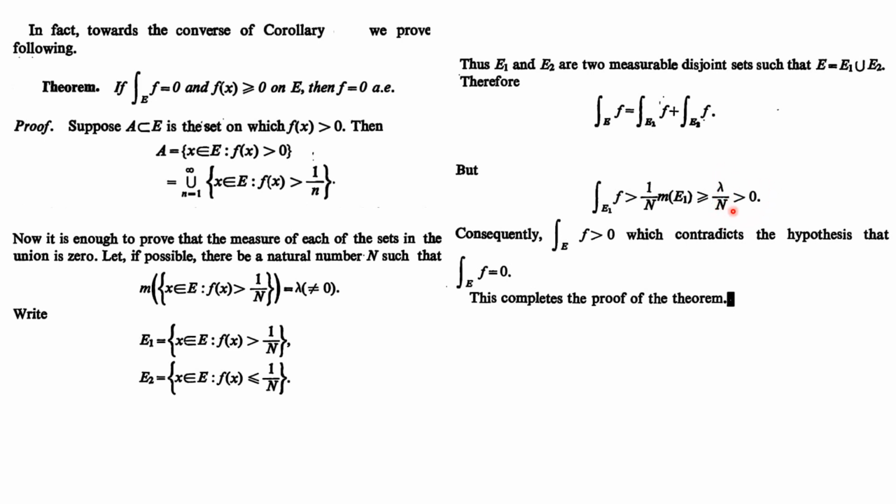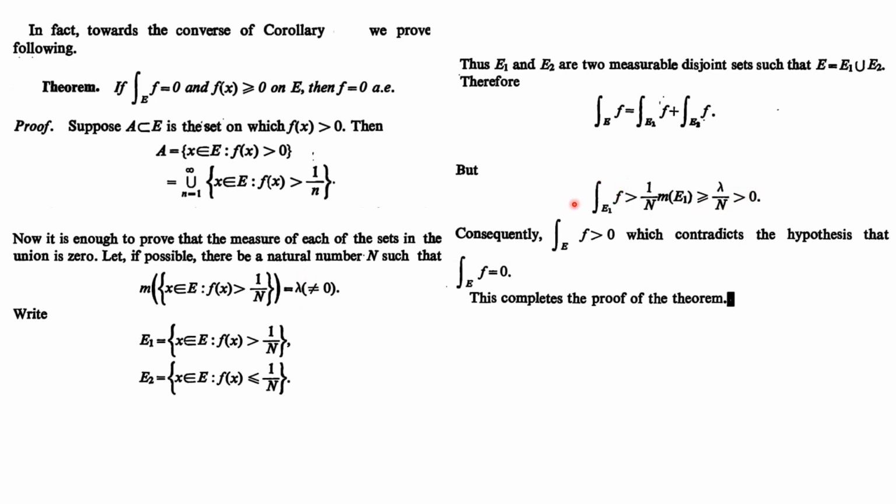Now, capital N is any positive number, and lambda is also a non-zero positive number. As we know that measure is always greater than or equal to 0, and this is a non-zero number, so it should be positive. It should be strictly greater than 0.